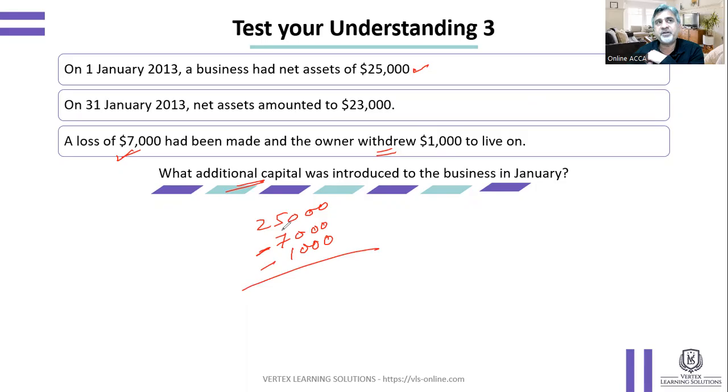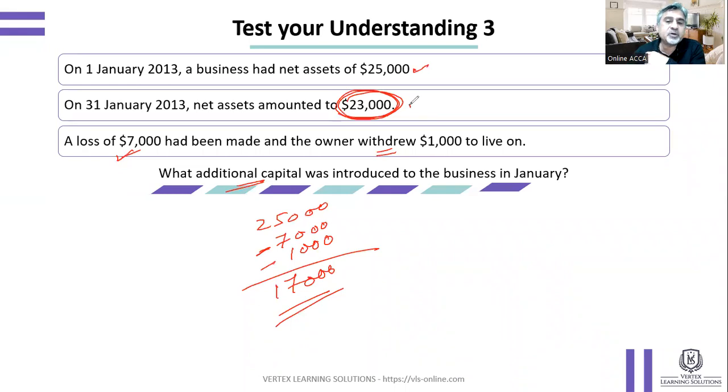So it means 25 minus 8, it should be 17,000. My closing capital should be 17,000 in my hand. I should have only 17,000 left. But the question says that you've got 23,000 left. If from 25,000 I take out the loss and the drawings, the money in my hand should have been 17,000 only.